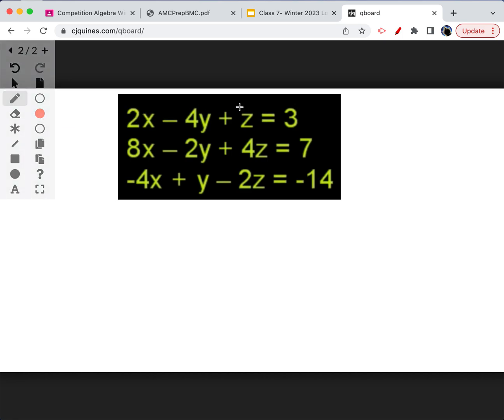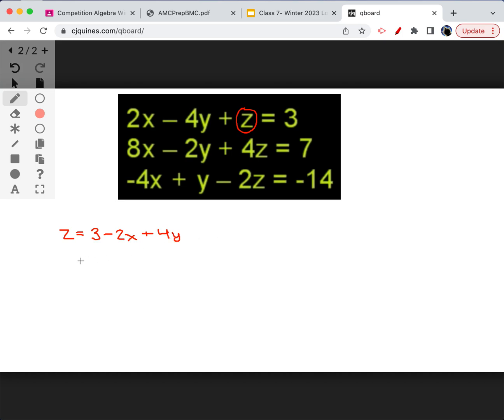So clearly, it would be easiest to isolate z since we have a single z lying around here. You can also isolate y, but we'll just do z for the purpose of this exercise. So isolating z gives us z is equal to 3 minus 2x plus 4y.